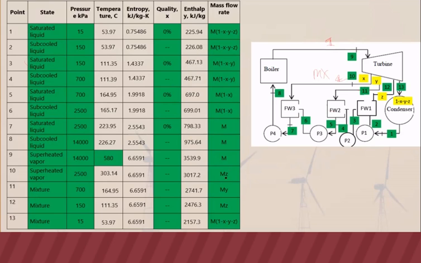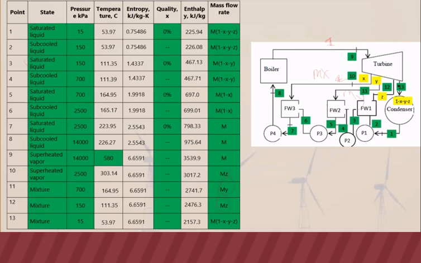And then at point 11, we extract another portion, that's y. So the flow at point 11 is my. At point 12, we extract z. So that's why we have mz here.